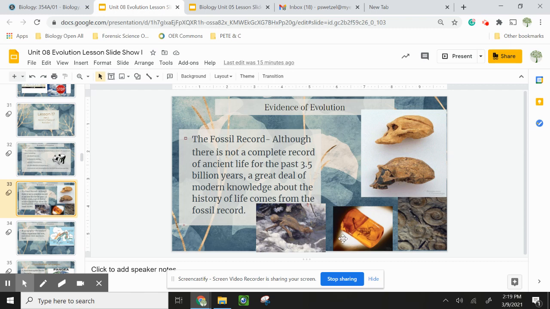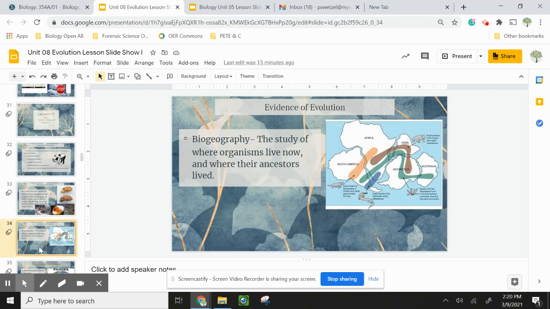So, when fossils are discovered and they're able to be studied, if they have been preserved and they haven't been destroyed by nature over time, they do give us a really good insight into the evolutionary changes that have taken place in living organisms over all this time.